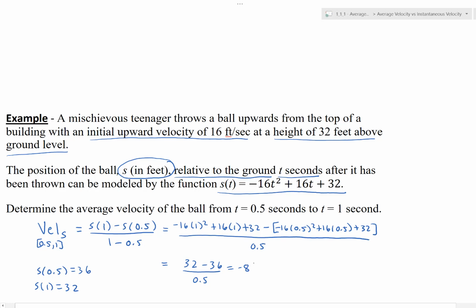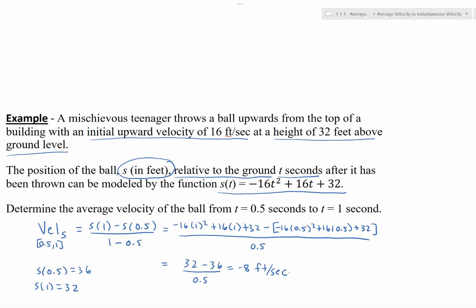Now, keeping in mind the whole time, we have units associated with this, right? The units in the output change is feet, and the units of the input change is seconds. So this is negative 8 feet per second. That's the average velocity of the ball over this time interval.